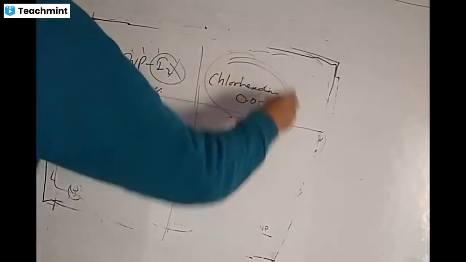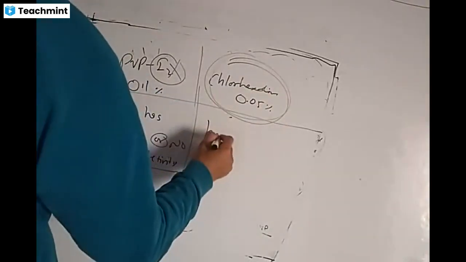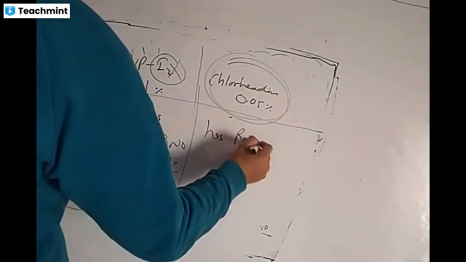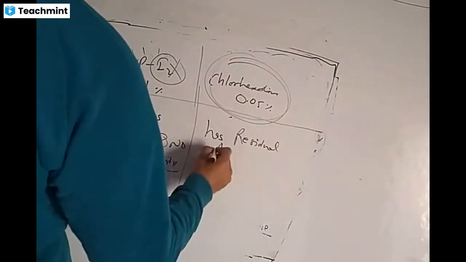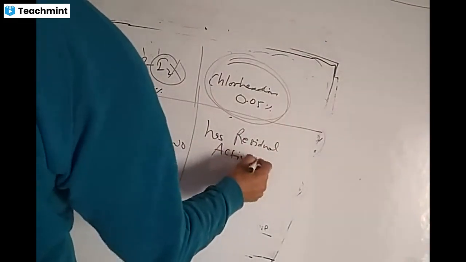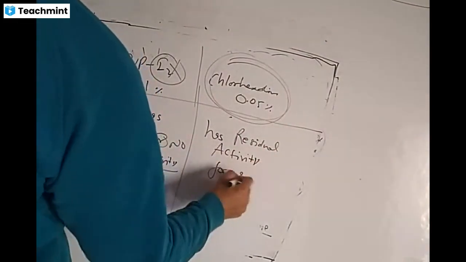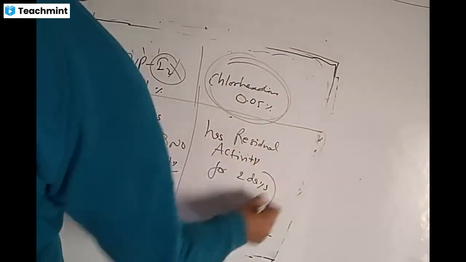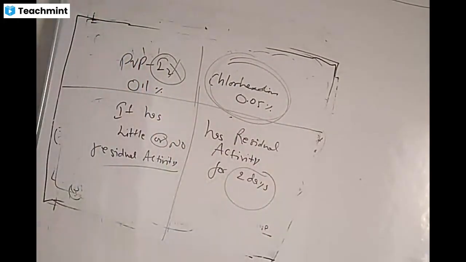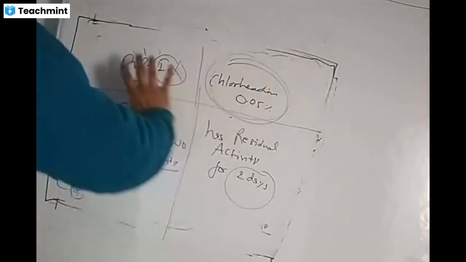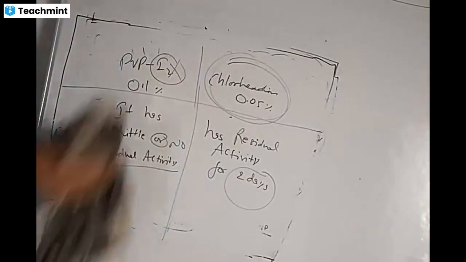But chlorhexidine has residual activity for 2 days. That is also a good advantage of Savlon over povidone iodine: the residual activity for 2 days and working in organic debris, pus, and blood.